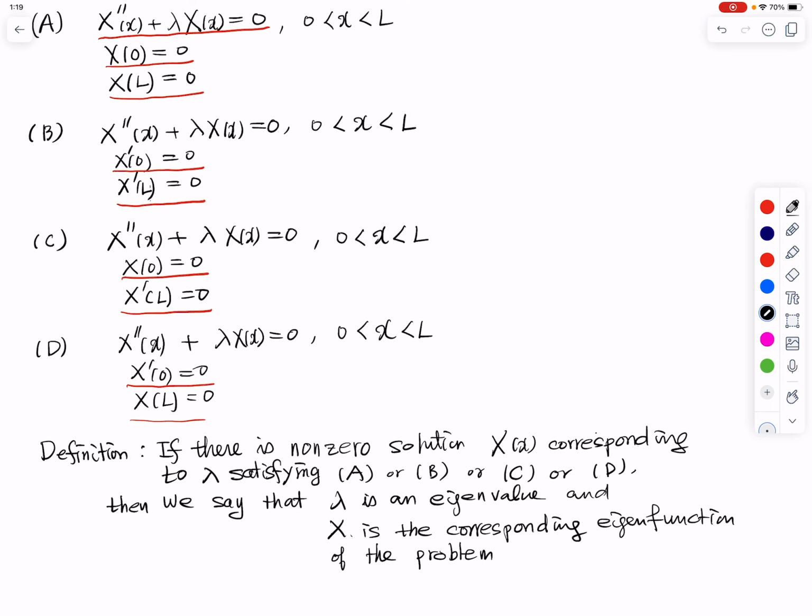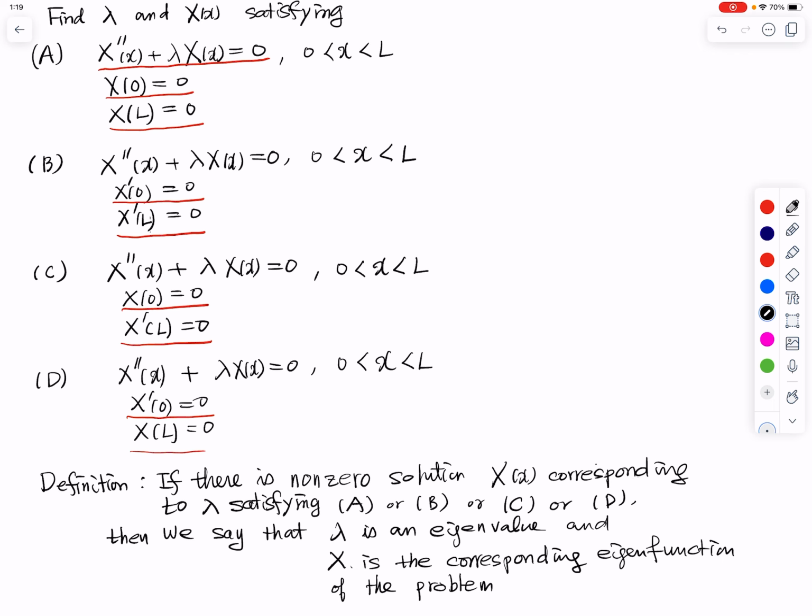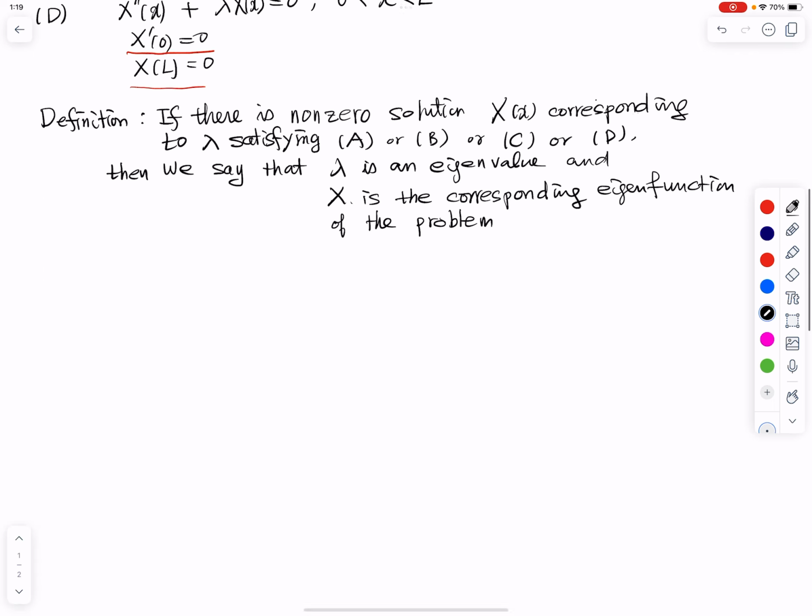Okay, let me try to find lambda and x from A. So consider A. We have the problem x double prime plus lambda x equals 0, with x(0) equals 0, x(l) equals 0.